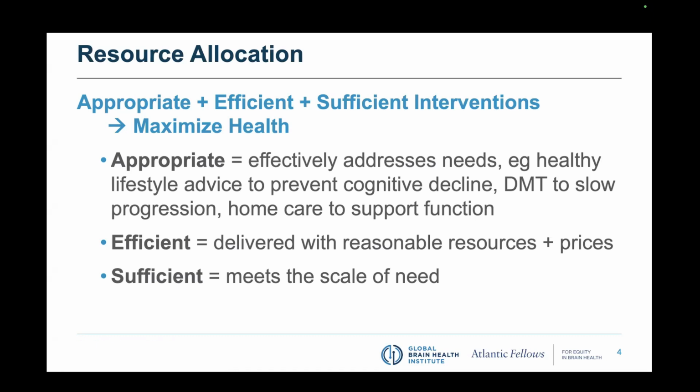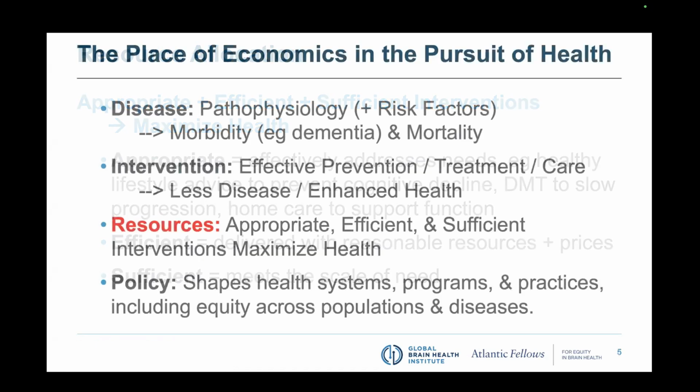Interventions delivered with reasonable resources and prices. And finally, we aim for sufficient, that the intervention set meets the scale of need. Of course, sufficient is tough to satisfy when resources are limited. So we often use economics tools to rank options. We'll return to that later.